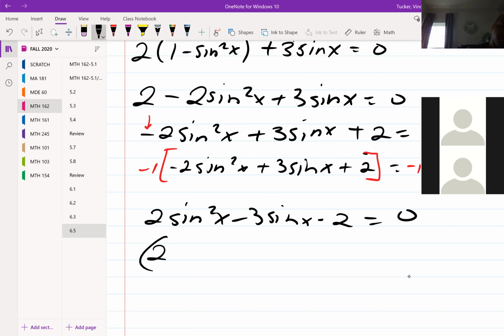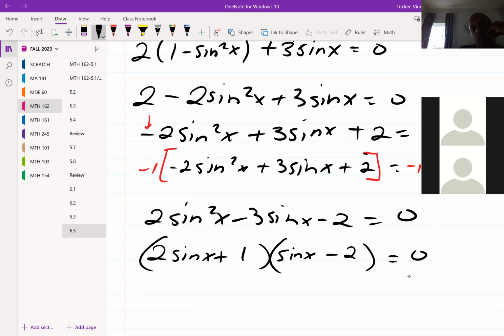Now factor. So it's -2, -1. Should be +1. So we have 2 sine x plus 1 times sine x minus 2.